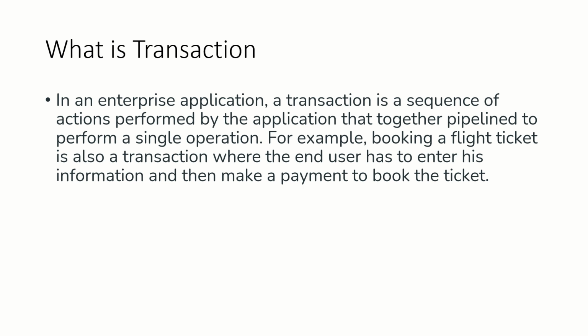There you provide the payment details and do the payment. Once the user detail is given and the payment is done, you can book your ticket, right? So here you have two actions in the pipeline. One is providing your user details and second is providing the payment details, and then you can complete your ticket booking operation.